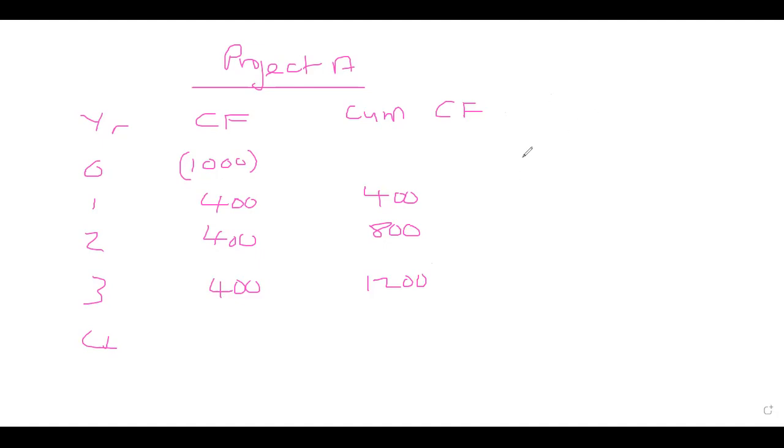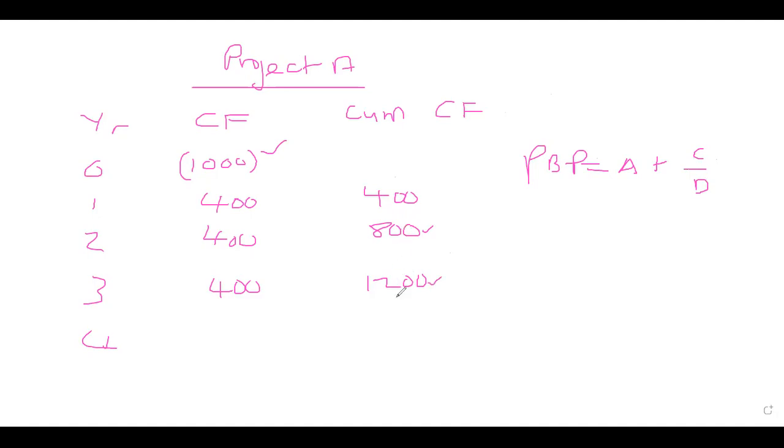When we are calculating the payback period, the formula is A plus C over D. We're going to look at the period within which the 1,000 kwacha was paid. At 800, we haven't yet paid the 1,000. At 1,200, we have even exceeded. So we'll look at the year between which the amount is going to be paid.